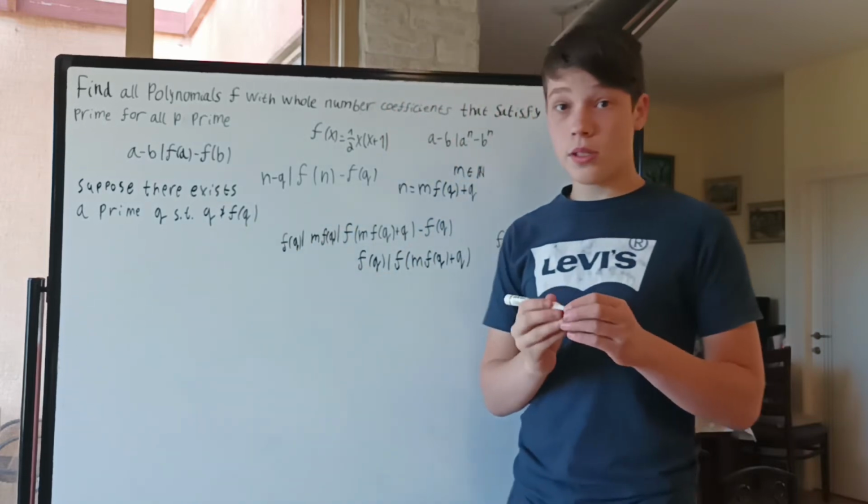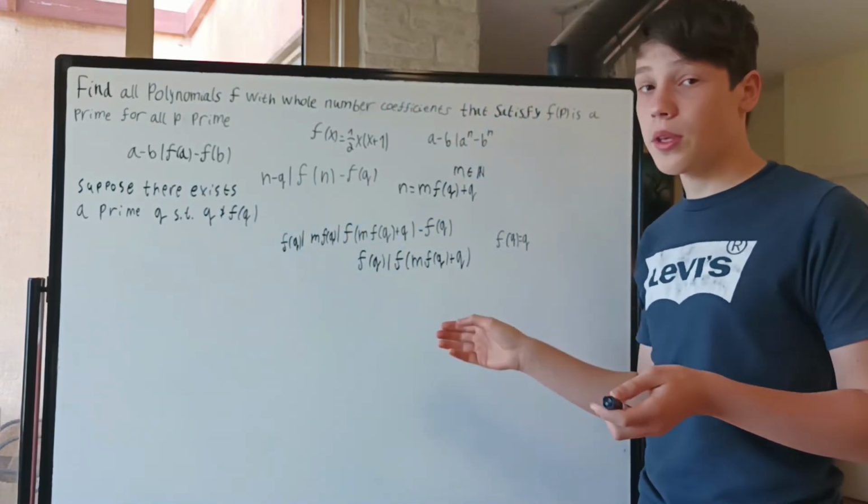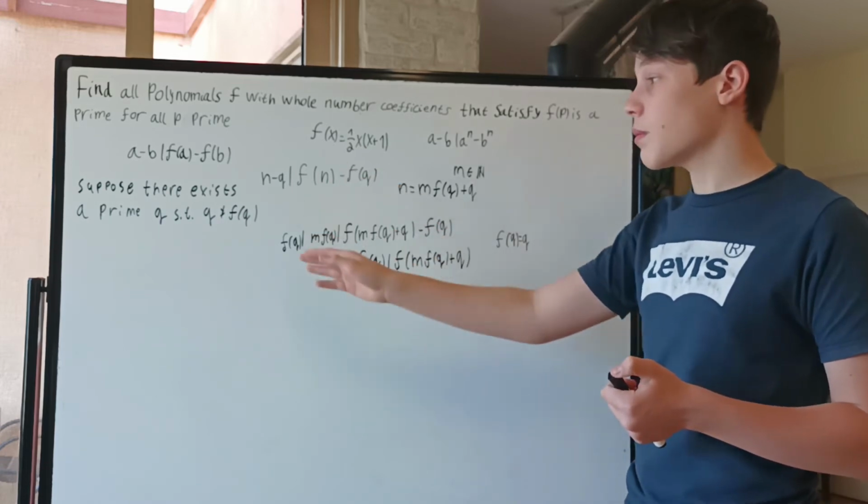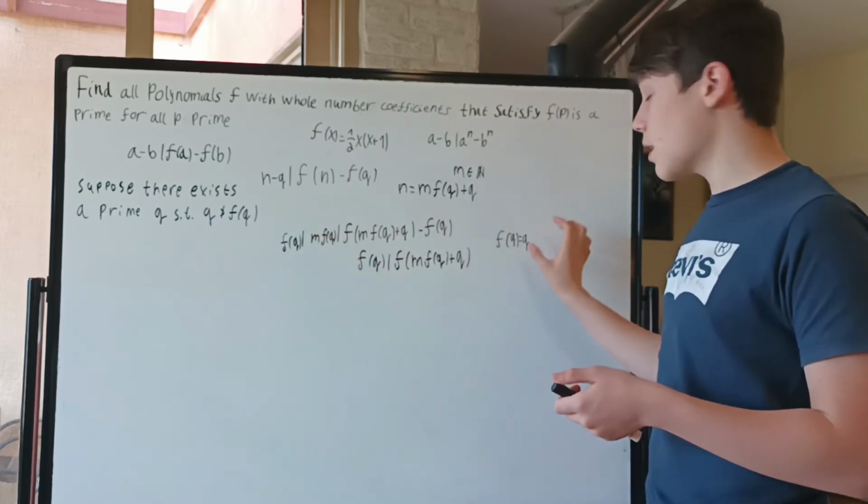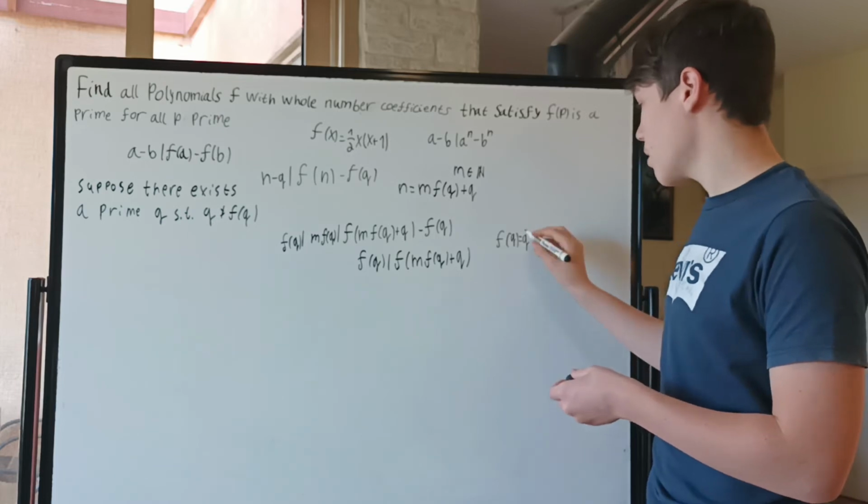So let's assume, because this holds for every number q, that there is some prime number q such that this problem does not occur.